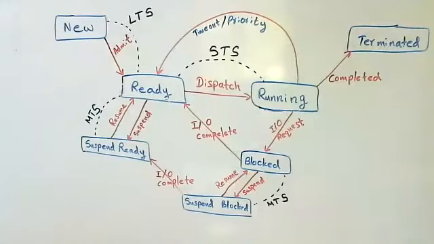That means how many processes can exist at the same time in the ready queue, in ready state, or the main memory is called the degree of multi-programming. This degree of multi-programming is controlled by the long-term scheduler. Hope it's clear.